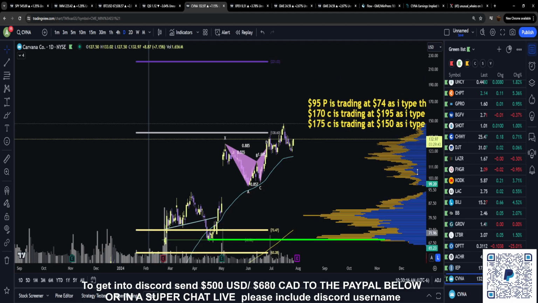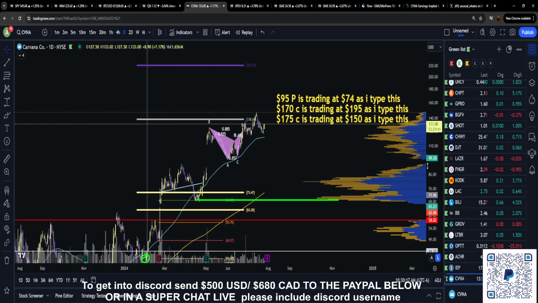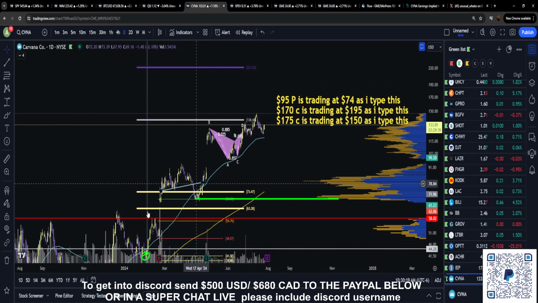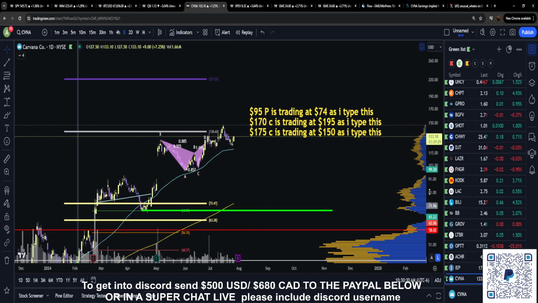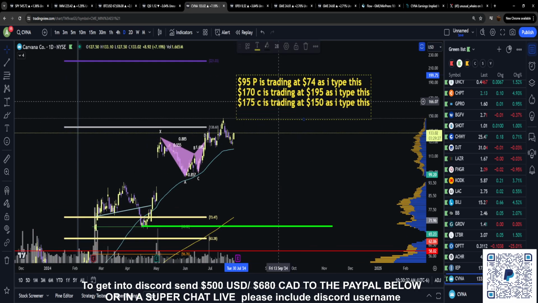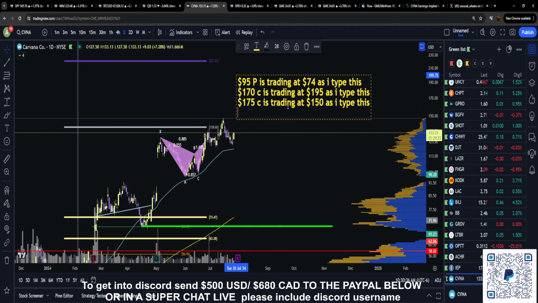But having said that, we have traded the Carvana ghetto spread twice already. Both times, it has led to over 1,000% in gains because Carvana is so volatile. If you don't have the cash to do this ghetto spread, that's okay, because this is a fairly expensive one.